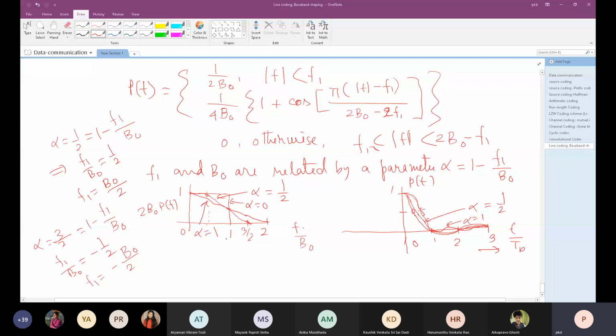So f1 equal to minus b0 by 2. So therefore this will be pi into f, this is f minus f1. So in effect, this is mod f plus b0 by 2. So therefore, it will have this 0 coming at plus half.